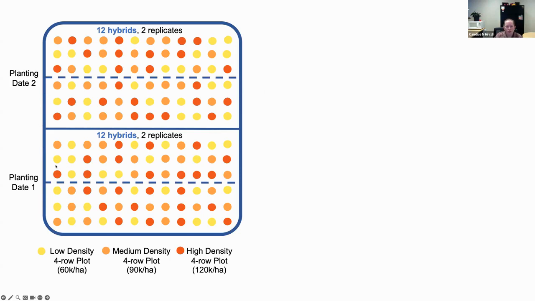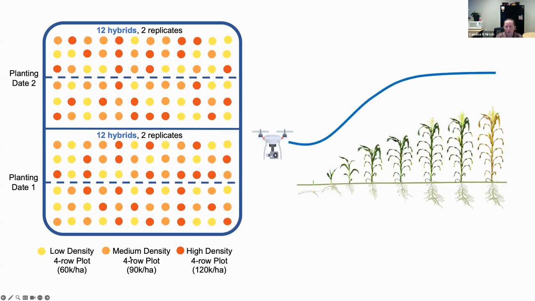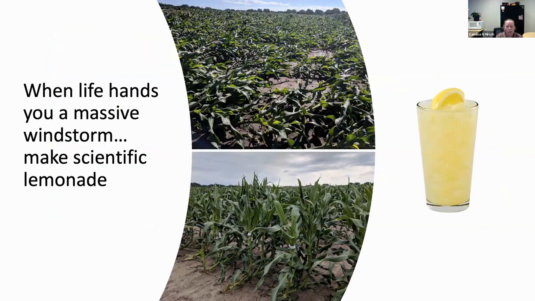So that these ones would experience an environmental event, like a rain event, at a later developmental stage than these ones that were planted later. And then we planted them at different densities. We again flew drones over these different plots. And unfortunately, we had a massive wind event that knocked everything over.